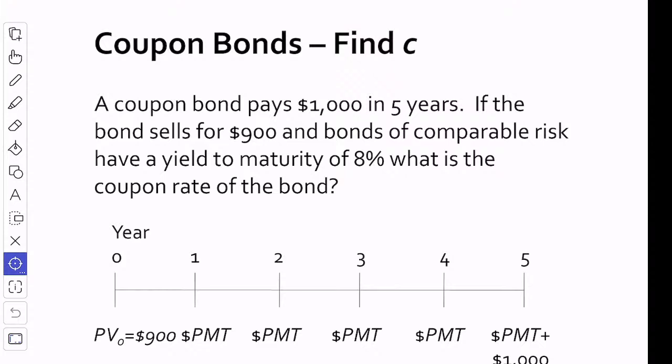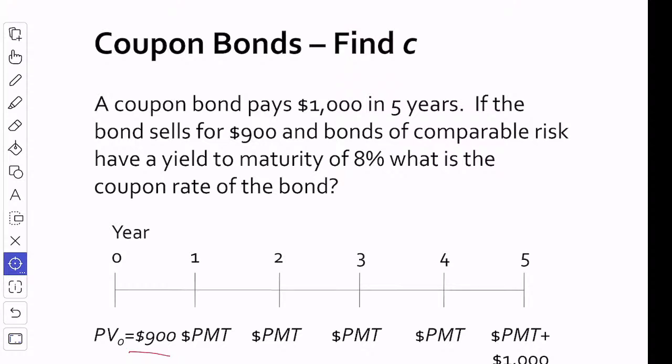So again, this is a sale of a bond that's been valued at $900. The thing is that bond prices are obtained in the bond market.